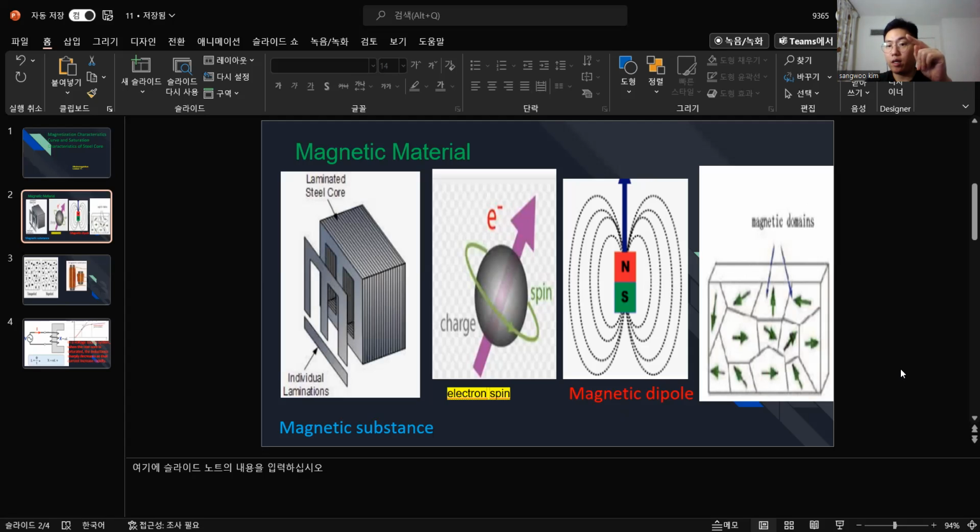But here's the thing: at first, if there's no external power or energy effect, even though the dipoles are randomly arranged, the sum of every single magnetic dipole is 0. That's a great thing. Let's look at more.